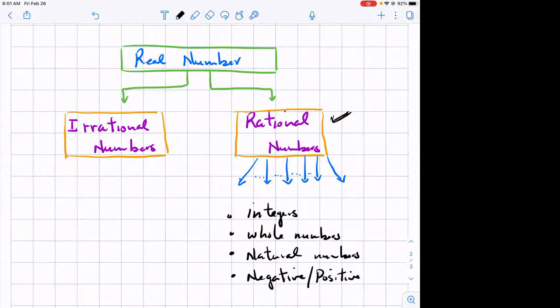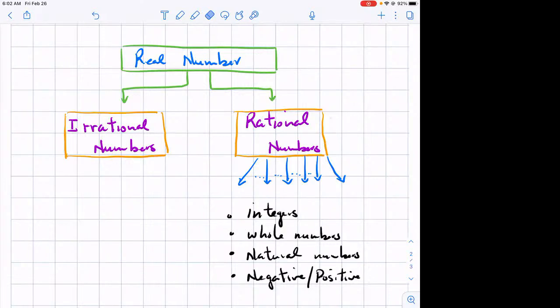And then after you say it's a real number, you can elaborate more and say, well, it's either rational or irrational. And then if it falls under the rational side, well, what else can you say? Is it an integer? Is it a prime number? Is it an odd number? Is it a composite number? Okay. So these are the things you want to think about when we look at the real numbers.